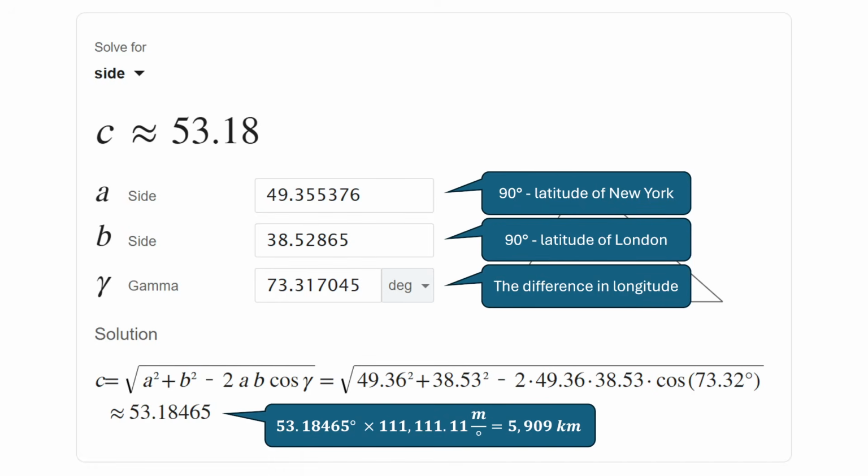And here's another online calculator, just to double check the result between New York and London. So once again, I've used the difference in latitude between the North Pole and New York for side A, and then same again for side B. And then solve for side C. We get 53.18 degrees. We multiply that by 111 kilometers per degree, and we get the same value, 5,909 kilometers.